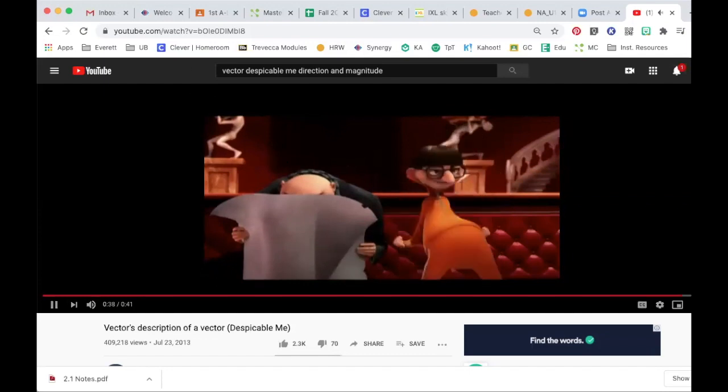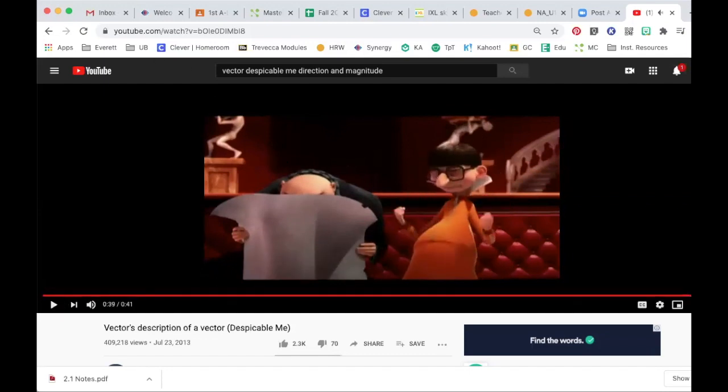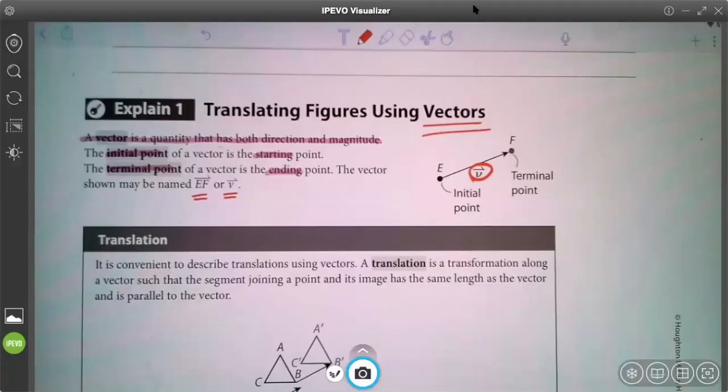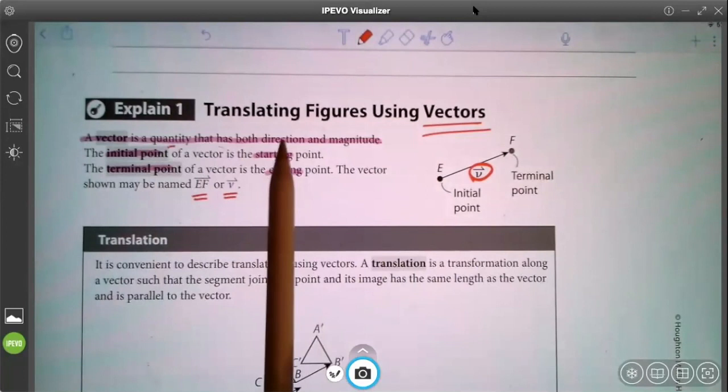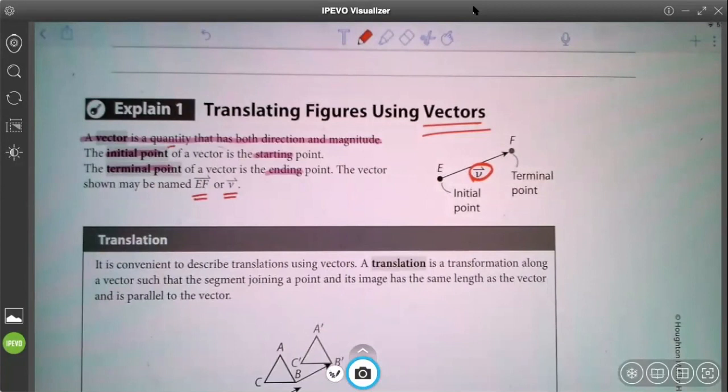Oh yeah! So good job, Pixar. I guess Pixar came and looked at our geometry textbook when they were writing those lines, because a vector is a mathematical term for a quantity that has both direction and magnitude, just like the crimes that Vector was committing in Despicable Me.